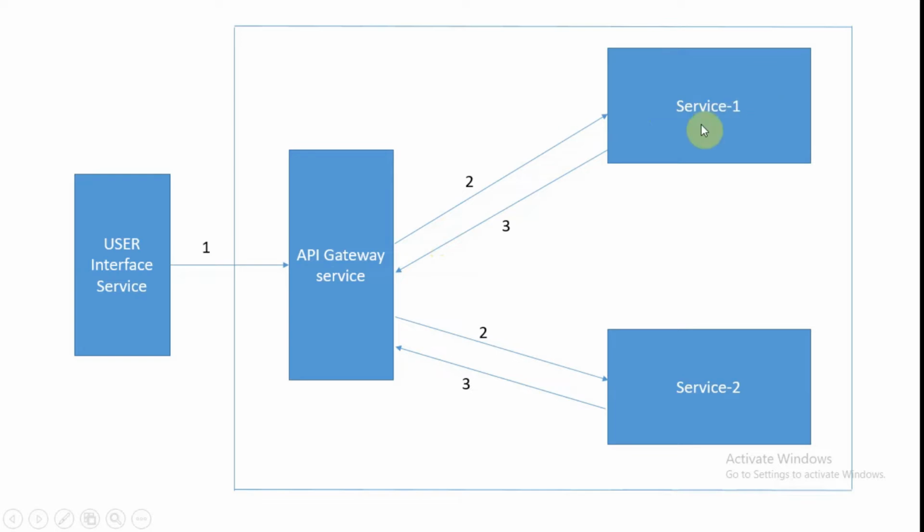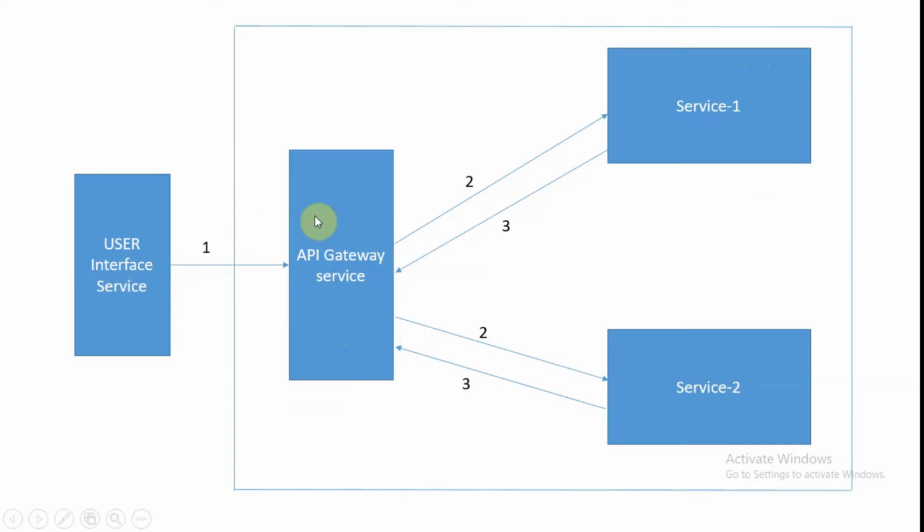Whichever service processes the request generates the response and sends it to the API gateway, and the API gateway then sends that response to the user interface.